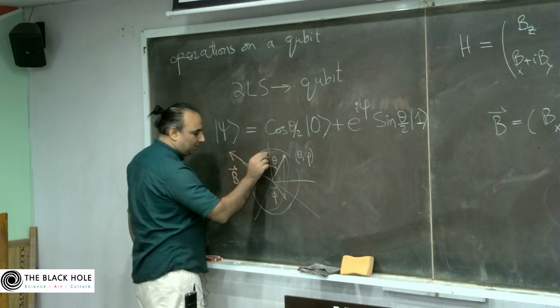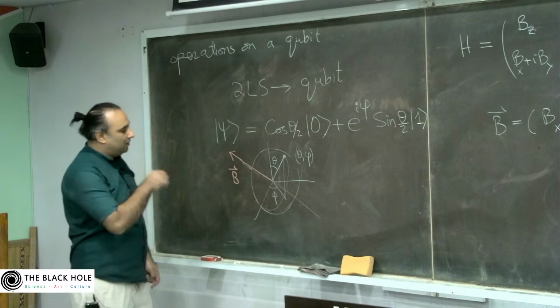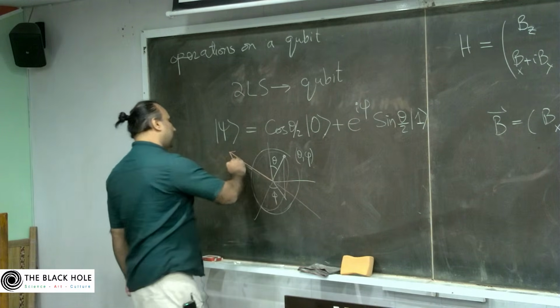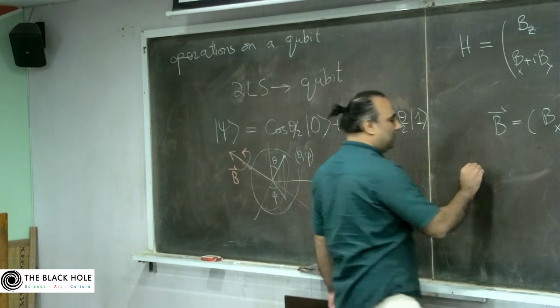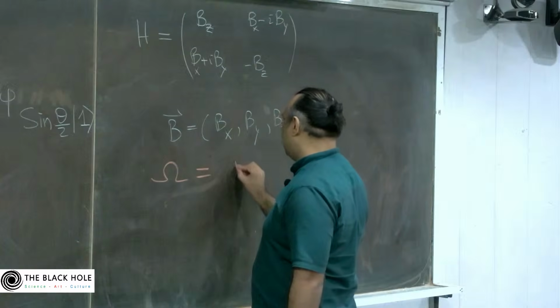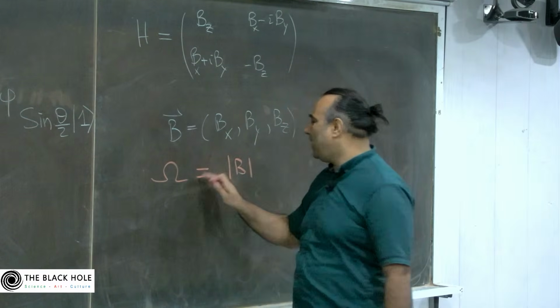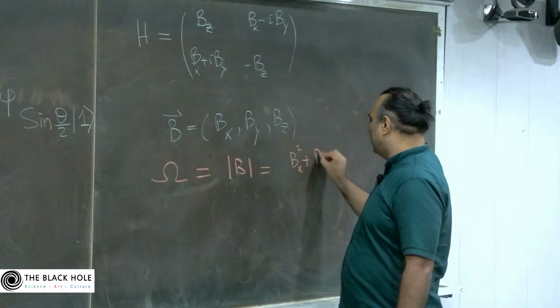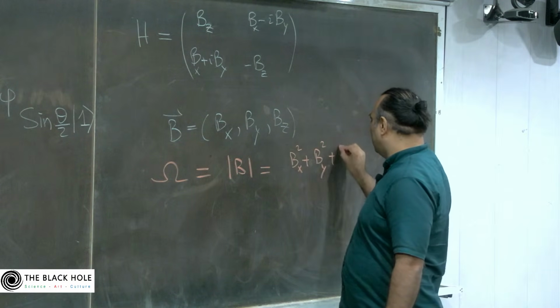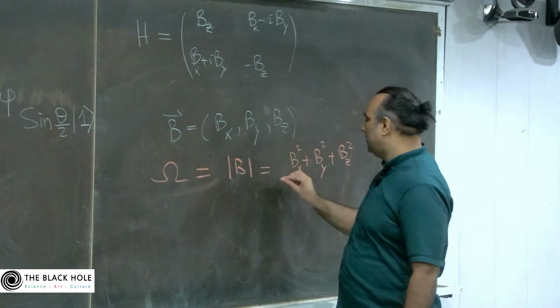The dynamics will keep the state on the sphere, but it will revolve around that direction. The frequency with which it revolves is basically the magnitude of this, the square root of bx square plus by square plus bz square.